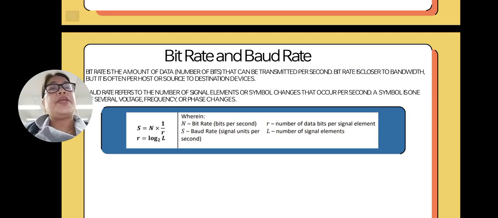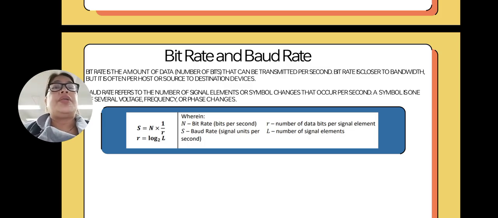Next is bit rate and baud rate. Bit rate is the amount of data, the number of bits, that can be transmitted per second. Bit rate is closer to bandwidth, but it is often per host or source and destination devices. Baud rate refers to the number of signal elements or symbols that change per second. A symbol is one of several voltage, frequency, or phase changes.